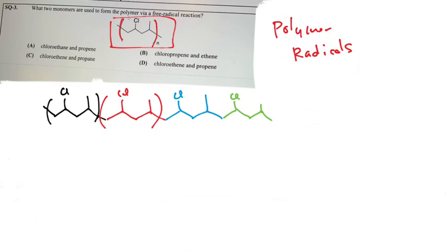But for them to react with each other, what has to be true about this point and this point? Which will end up being this point and this point. Probably easiest to think about those two. What has to be true about the black one and the red one in my purple section?